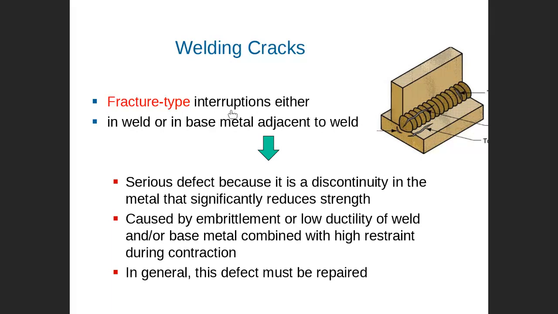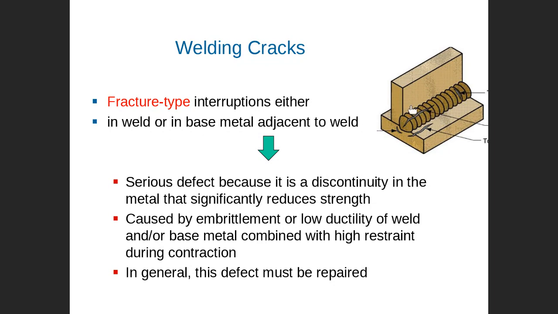This is a discontinuity, either in the weld or in the base material adjacent to the weld. This is a different type, a serious defect, because the material here has a discontinuity, this kind of opening.